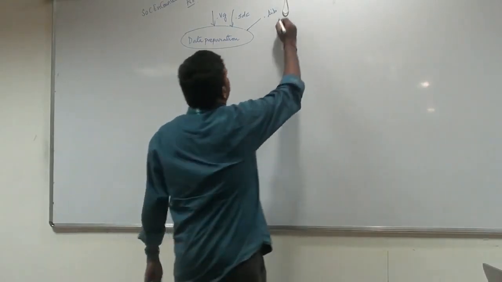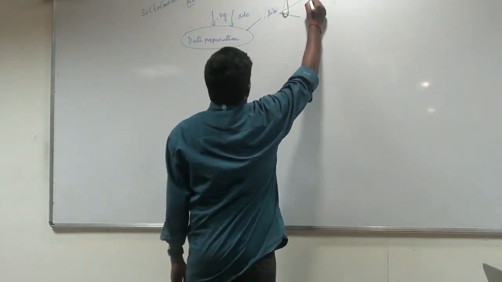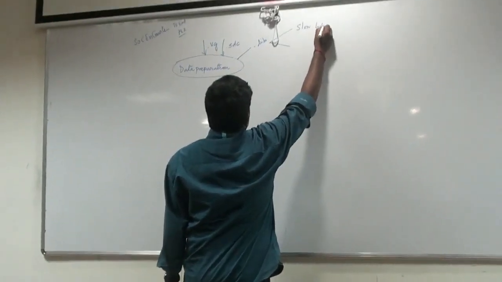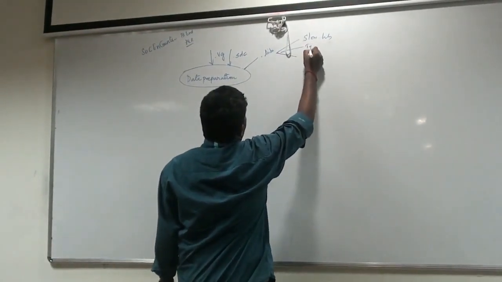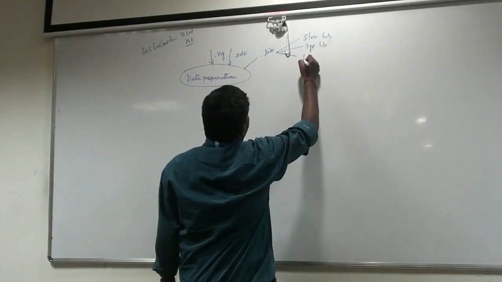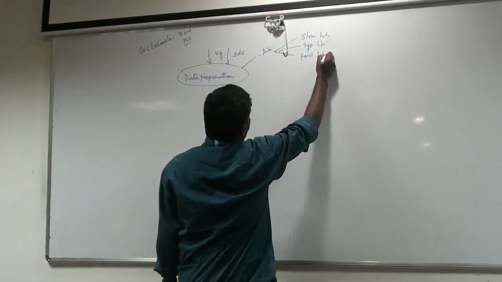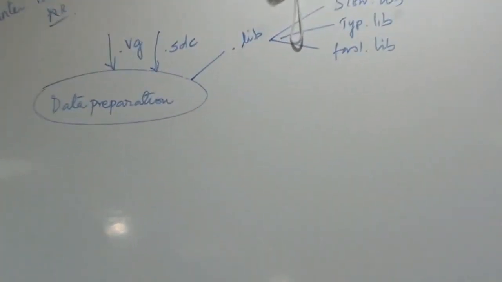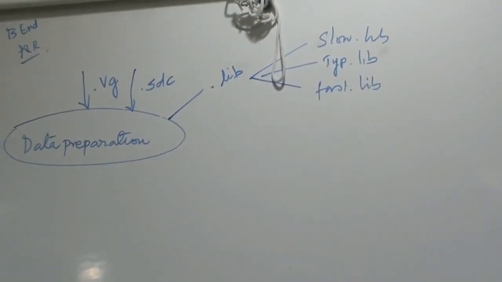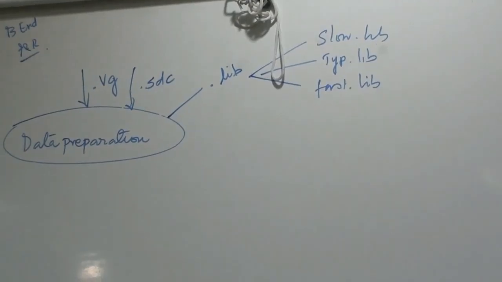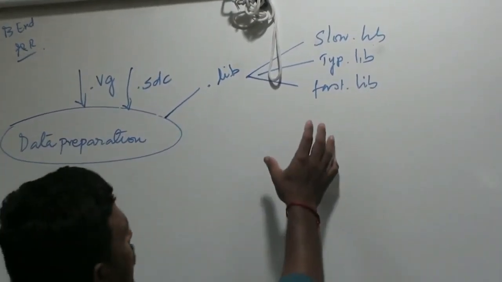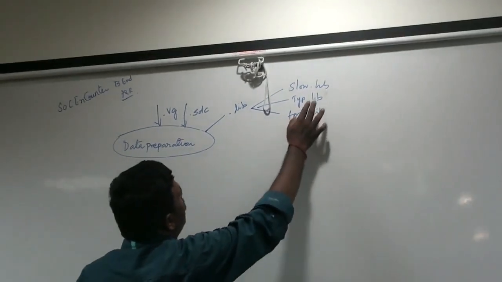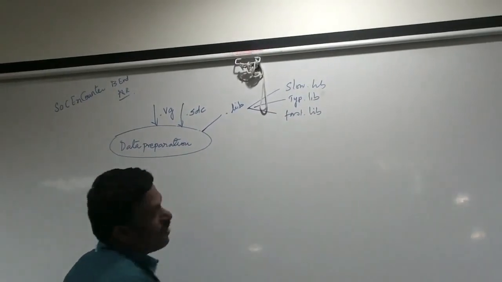So for the library, we have three versions. One is slow.lib, the other one is typical.lib, the other one is fast.lib. That is to confirm the yield, or to improve the yield in the later stage, the fabrication stage. We are designing, or we are conforming, with slow.lib, typical.lib, fast.lib.